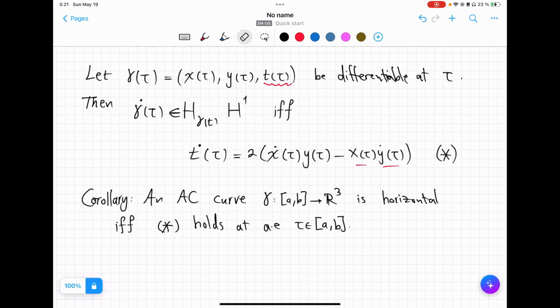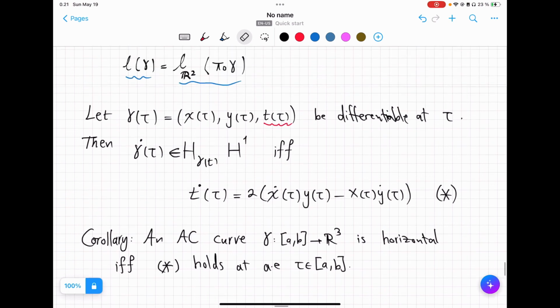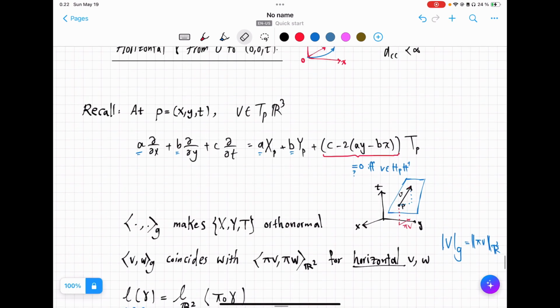And this shouldn't be really surprising, because for horizontal vectors, as here, knowing A and B determines C, because this condition is equal to 0 for horizontality, and C can be recovered from A and B given that point P. So it's really following immediately from this observation.